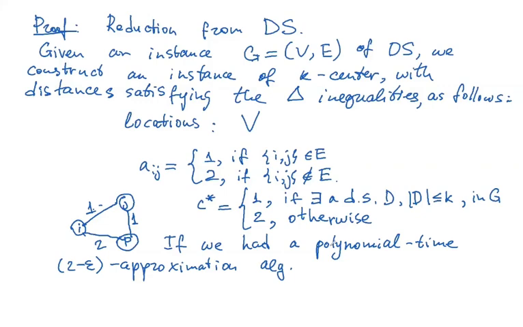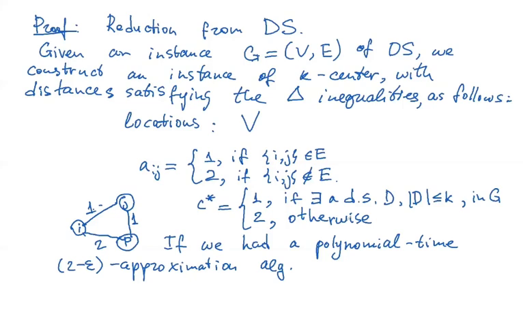What would this mean? This would mean that whenever my graph G has a dominating set of no more than K vertices, the optimal solution for my K-center problem has the objective of 1.